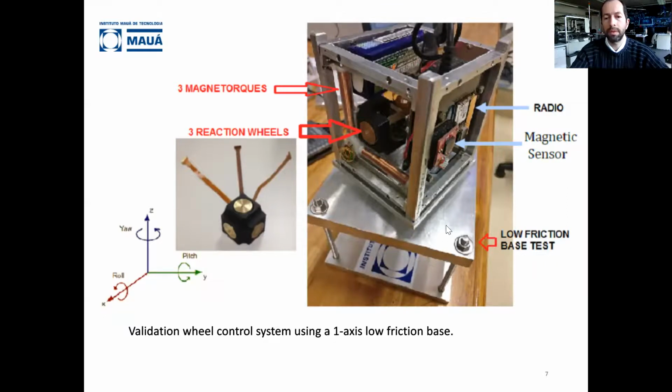This base has a small friction, not zero friction. A small friction only to permit me to execute any situations or small tests on my table. Okay.